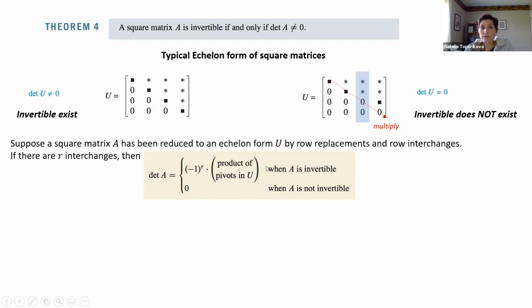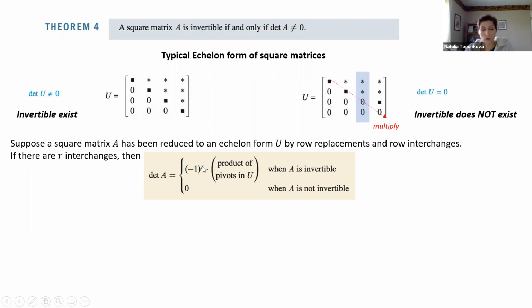Case number one is when the matrix is invertible. In this case, our determinant will be the product of the pivot elements. This is our left case here. It will be just the product of the pivot elements in our matrix U times -1 to the power of the number of interchanges. So basically, if the number of interchanges is even, the sign would be positive.